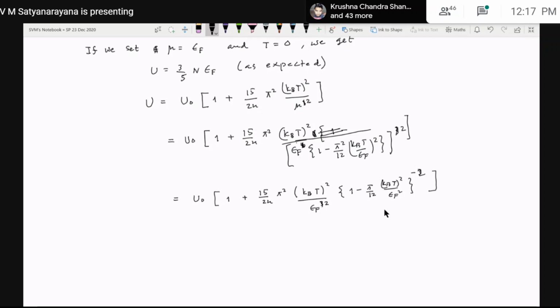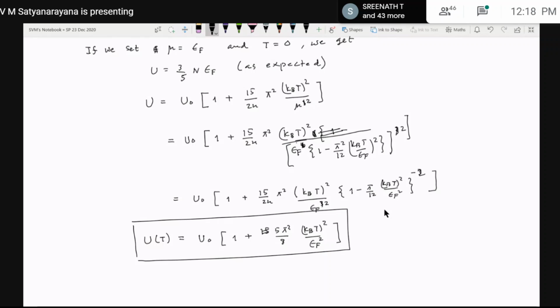I think we don't have to worry about the second term because we just keep the first term, in which case I will get u0 into 1 plus 15 by 24, that is basically 5 pi square by 8, and k_B T the square divided by epsilon f square. So this will be our u of T.